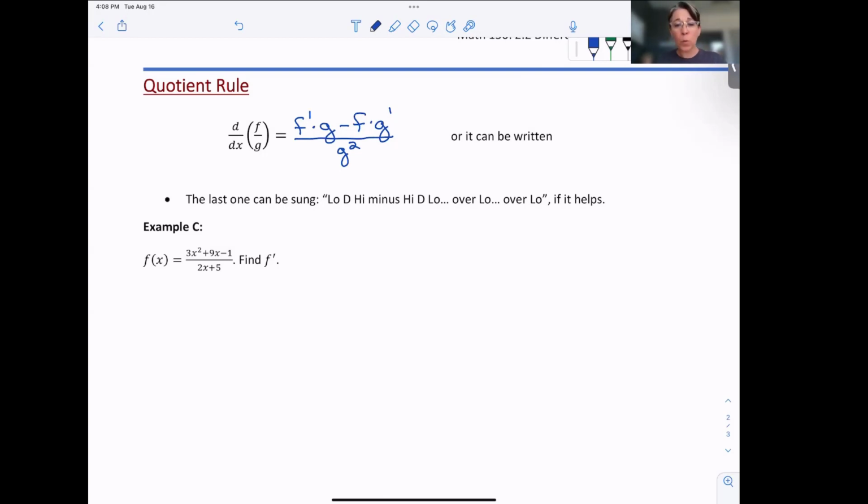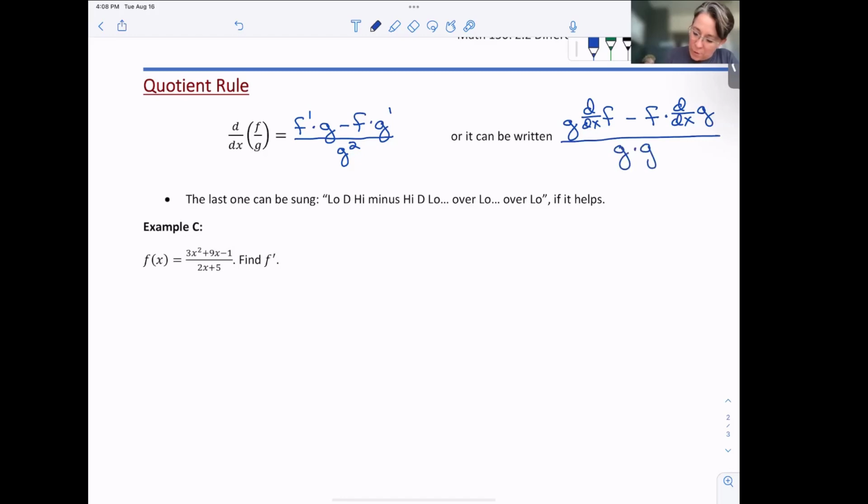How some people write it is the low function times the derivative of the high function minus the high function times the derivative of the low function over low times low.